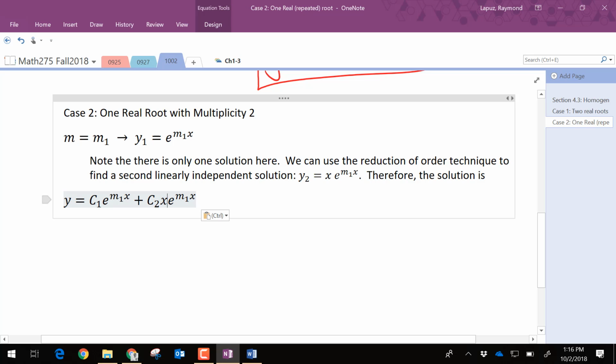And so this extra x, half of you should have done this, because this is similar to the problem that you did in that video that you're supposed to submit. Half of you should have come up with this x as your other solution, or x times e to whatever that thing is you're working with. All right. Any questions?